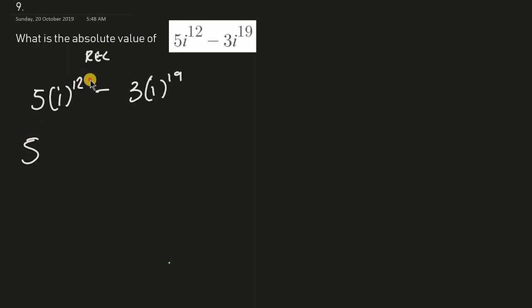So that's 5. Since 12 divided by 4 is equal to 3, wala siyang remainder, then i raised to 12 is basically equal to 1. Minus 3. i raised to 19, guys, i-divide muna natin yan sa 4. If we are dividing that by 4, ang answer niyan would be 4 remainder 3. Ang remainder na 3, so, ibig sabihin, i raised to 3 is equal to i squared times i.